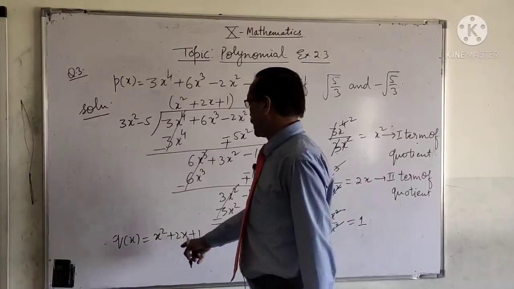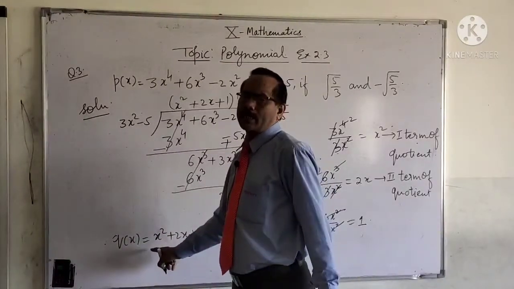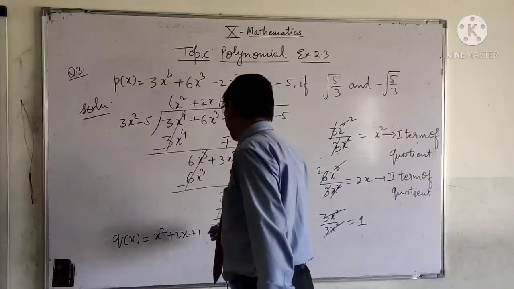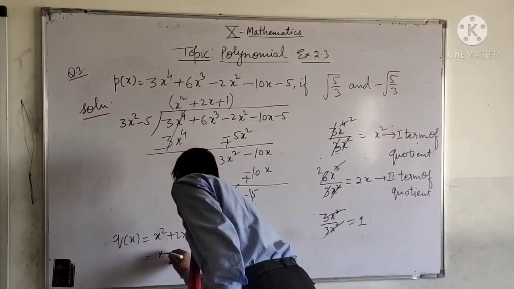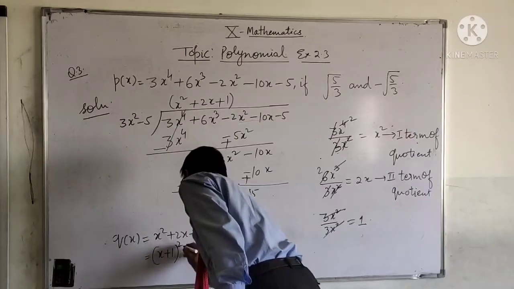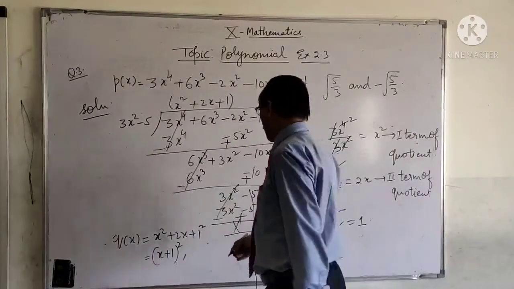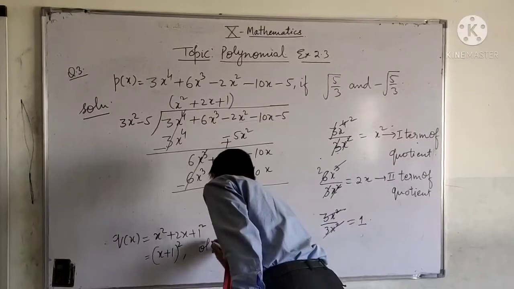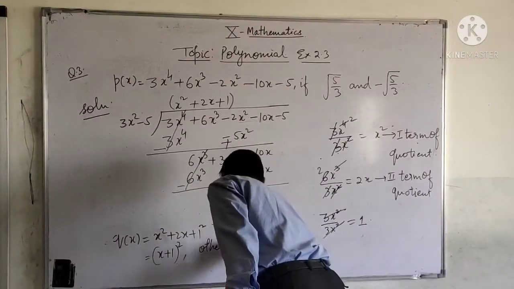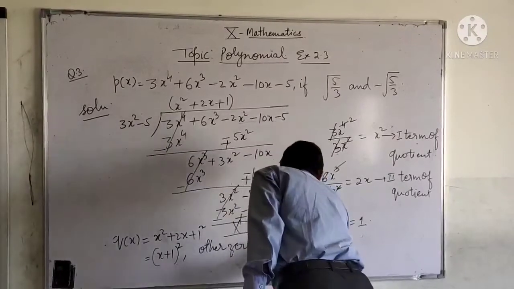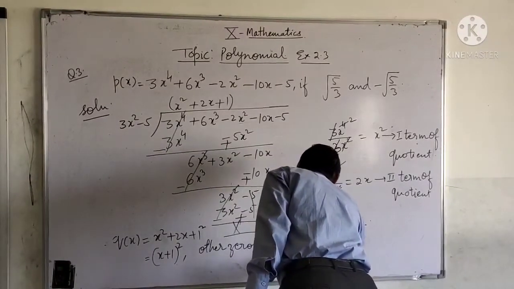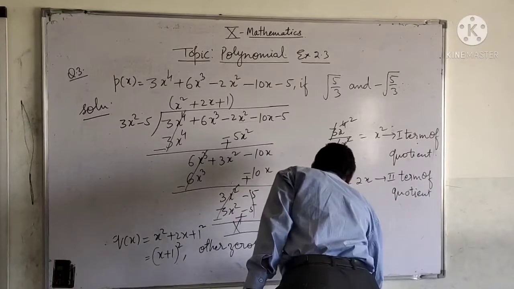Student, there is a formula a square plus 2ab plus b square. 1 can be written as 1 square. So it is (x + 1) whole square. So the other zeros are x + 1 = 0 and x + 1 = 0.